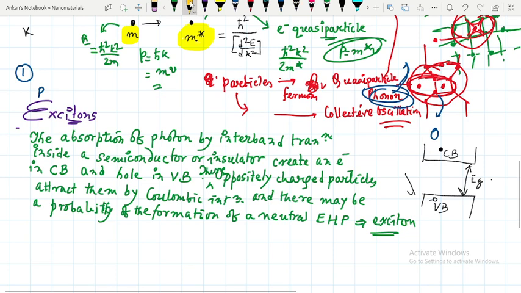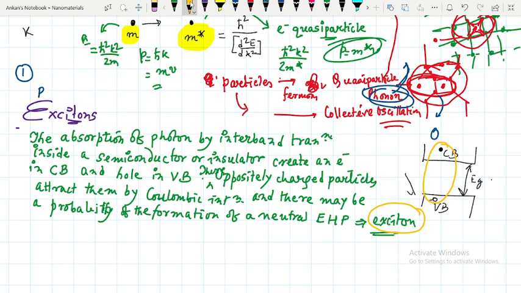Then these two particles will experience some Coulombic interaction, that is, a Coulombic attraction, because they have opposite charges. They prefer to be found in a bonded or paired-up condition. This electron-hole pair is known as the exciton.